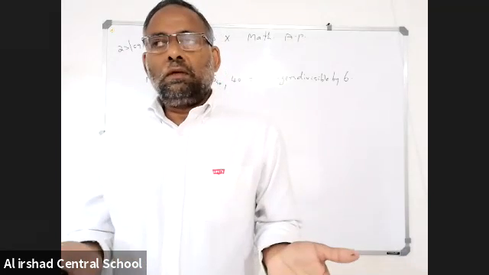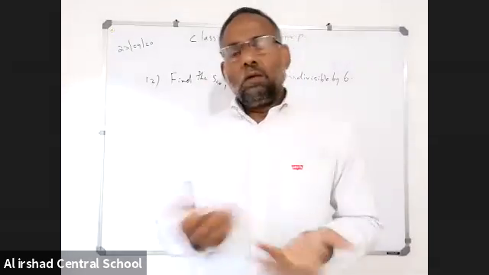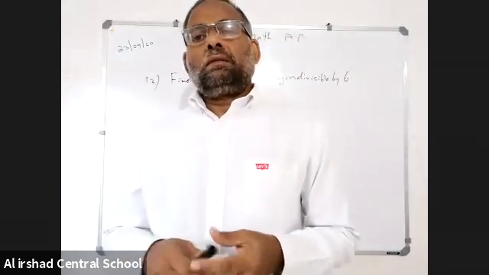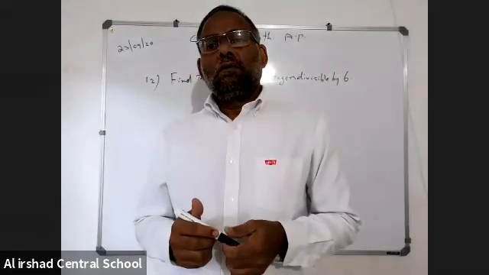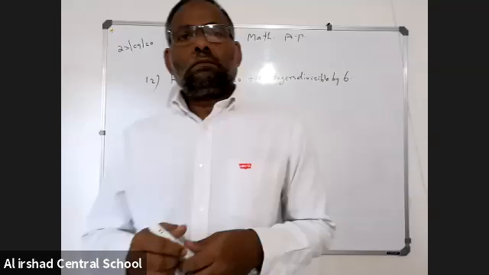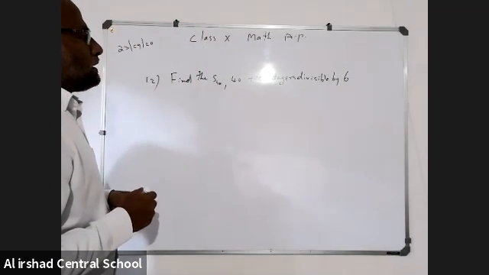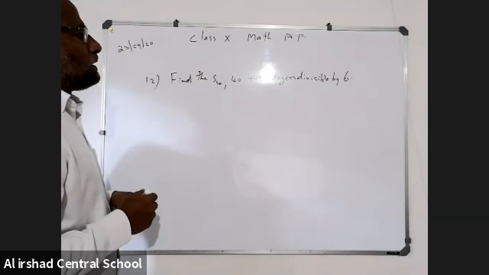You know positive integers? You know odd numbers, even numbers, prime numbers? Many things are. Now here it is first positive integers. Can you do it? Try. We need A, we need D, we need N.